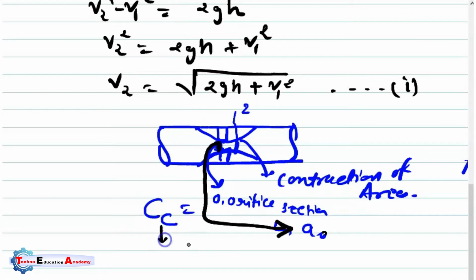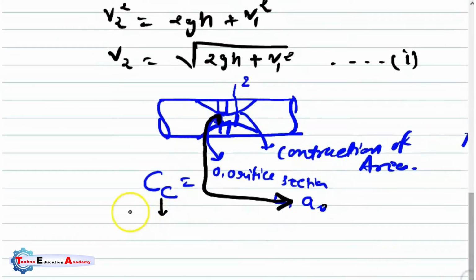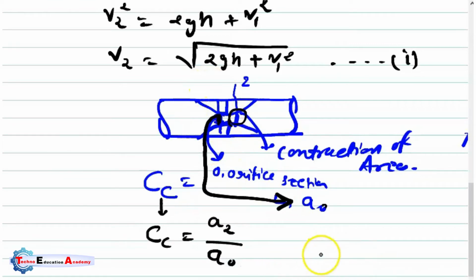So the coefficient of contraction Cc is equal to the area of vena contracta, A2, divided by A0, the area of the orifice plate. So Cc is equal to A2 by A0. Now A2 is equal to A0 Cc. It is called equation number 2.